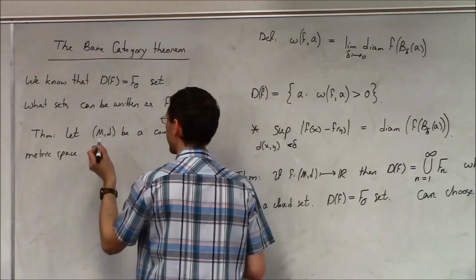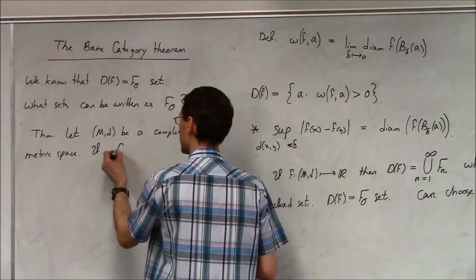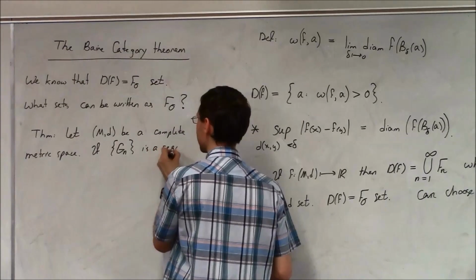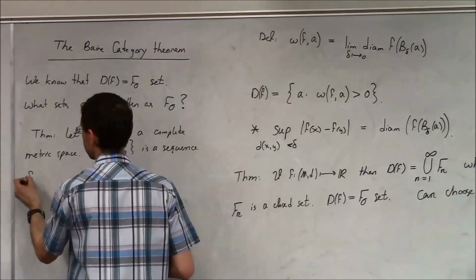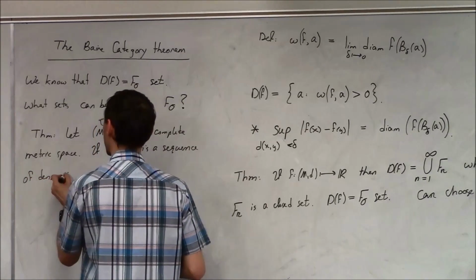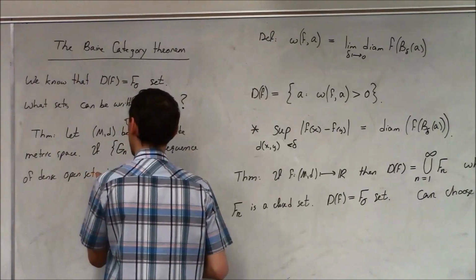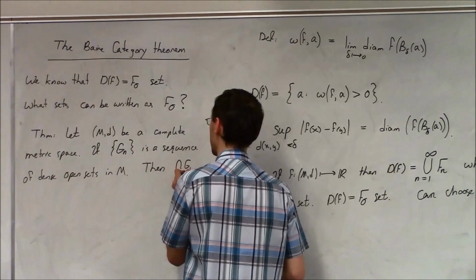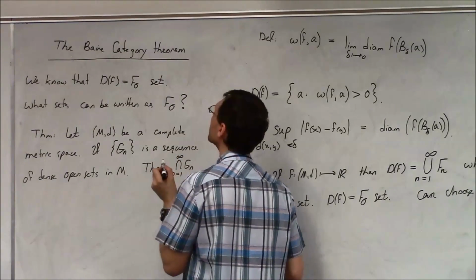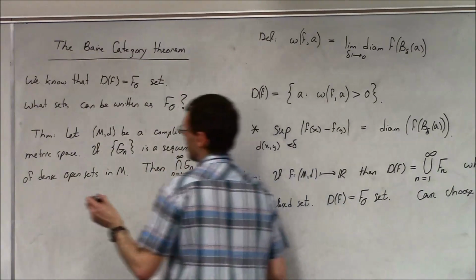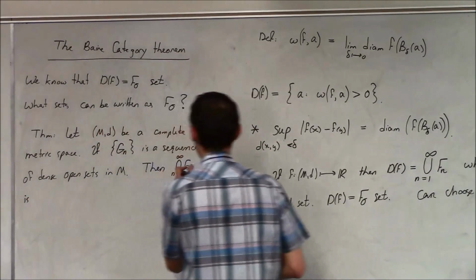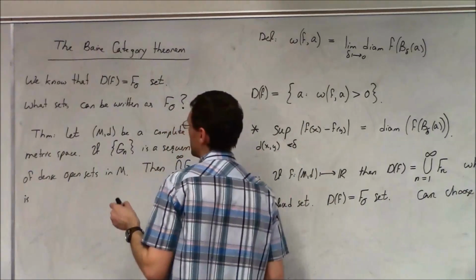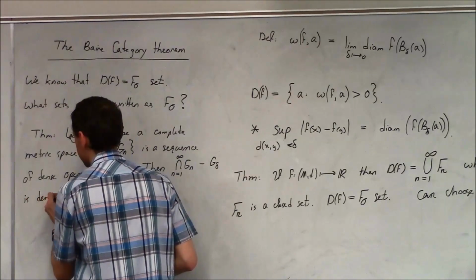If G_n is a sequence of dense open sets in M, then the intersection over n equal 1 to infinity of G_n is, and that's, by the way, of course a G delta set, an intersection of open sets. So this G delta set is dense in M.